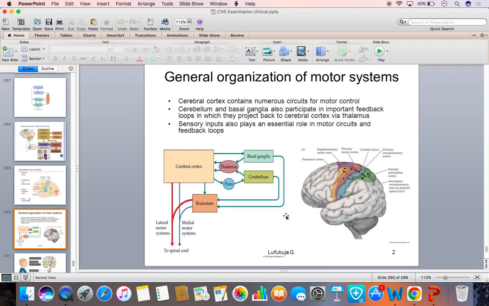There are descending fibers with a feedback looping system, which project in turn to the cerebral cortex via the thalamus. Sensory inputs also play an essential role in motor circuits and feedback loops. So this is the complexity of the organization of the motor system in order to bring about a smooth, well organized motor act.